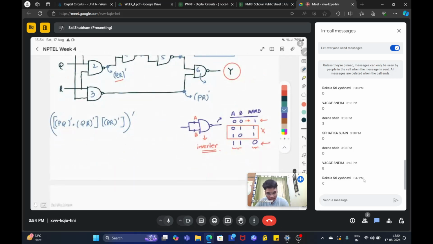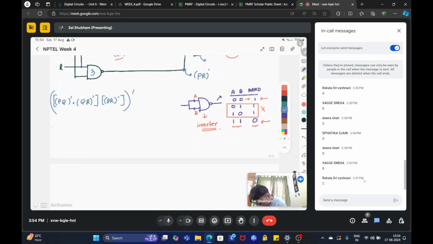So if we simplify it, okay, first, we will simplify this expression. Okay, so it will be P bar Q bar plus P bar R bar. Fine.